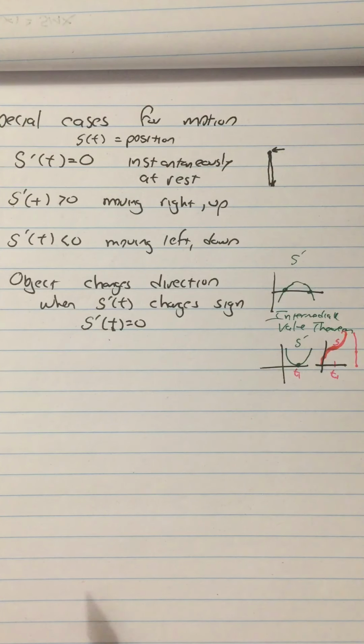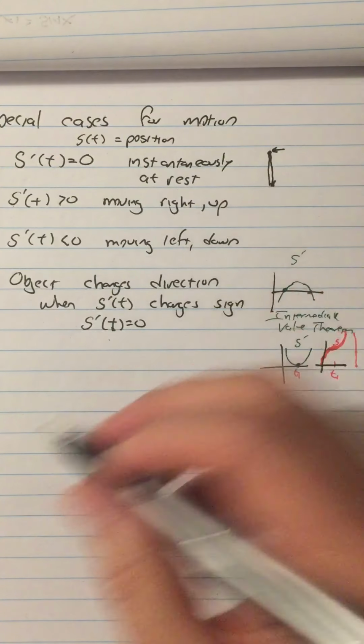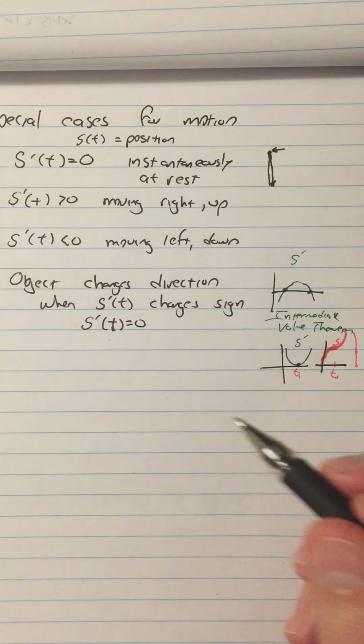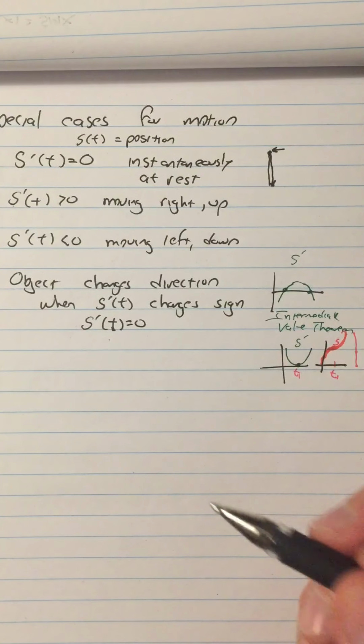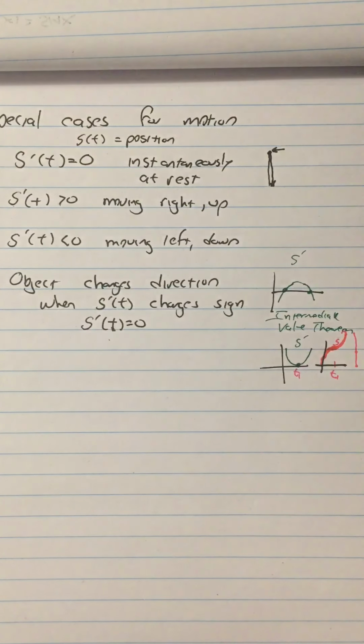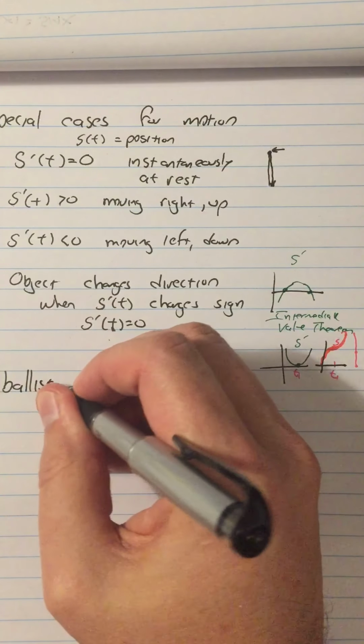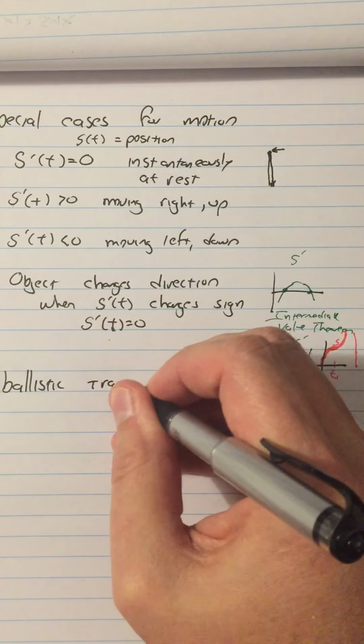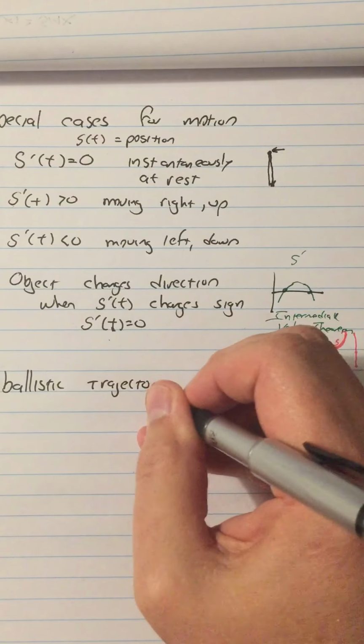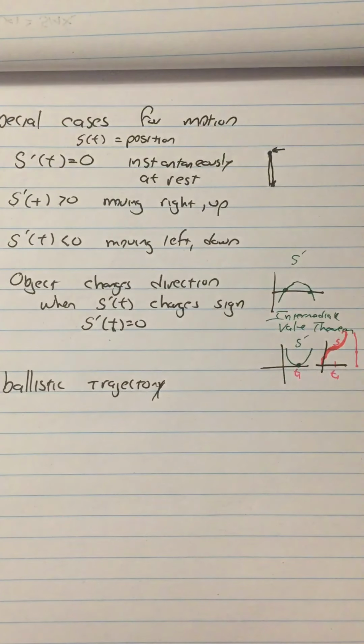So this is important for a ballistic trajectory. So when we talk about things going up, you shoot something up and then let it fall back down. That's a really standard application of this. All right, so a couple of vocabulary words here. Ballistic means we throw something.